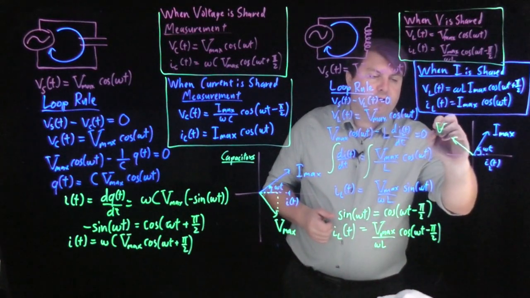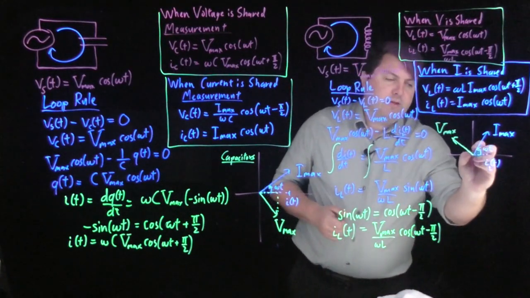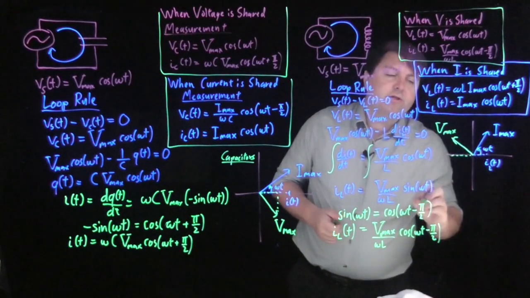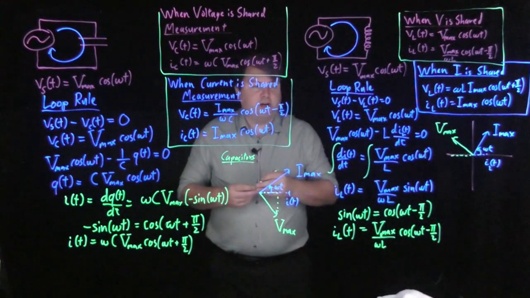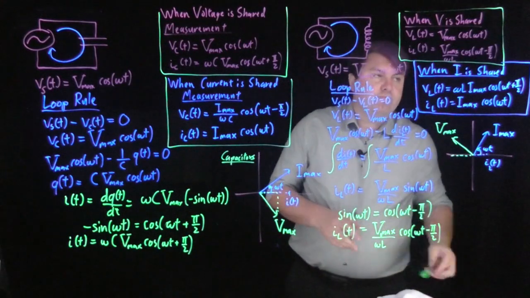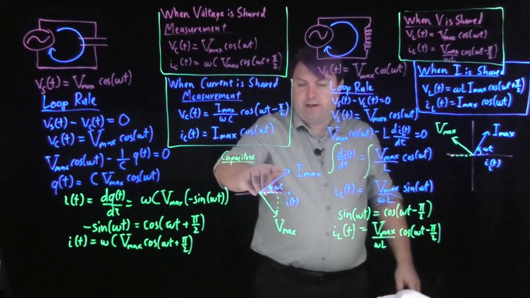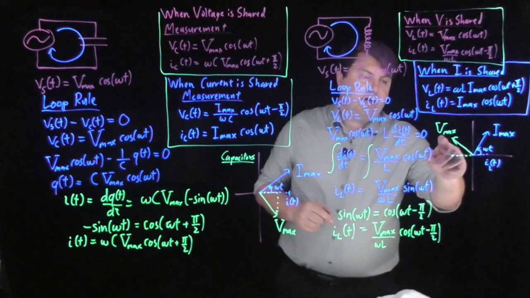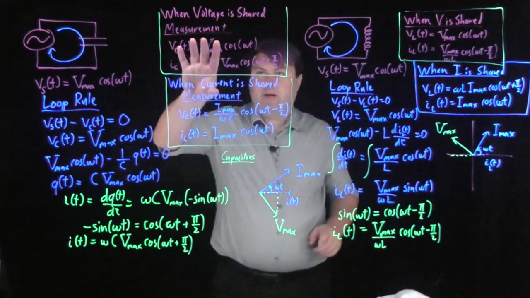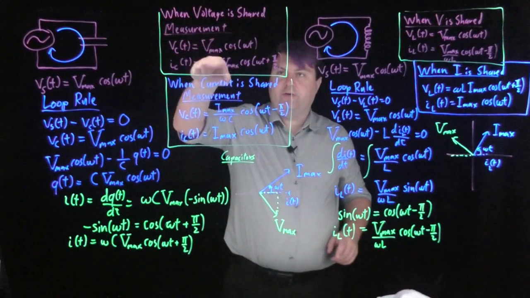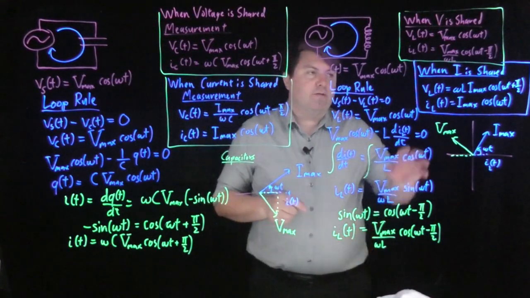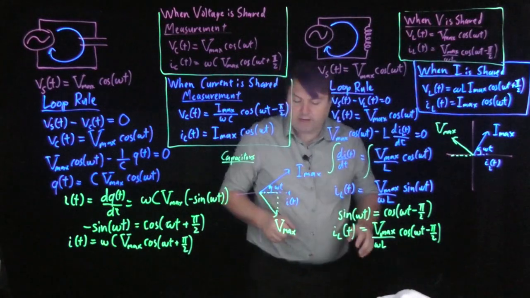This is our voltage max, this being omega t plus 90 degrees. And so then our voltage would be the x projection of this vector. So again, we have that current is ahead of voltage for capacitors. Current is behind voltage for inductors. And we can use that either when we have voltage being the shared measurement, these equations, or when current is the shared measurement, these equations, depending on how we want to do that.